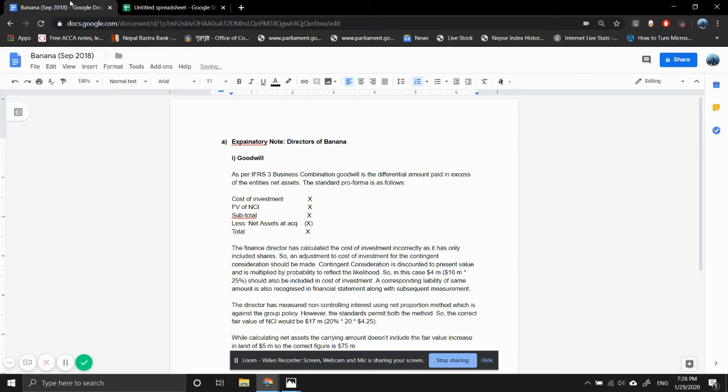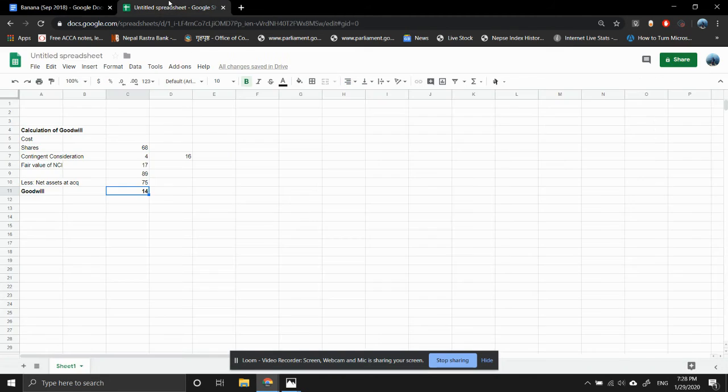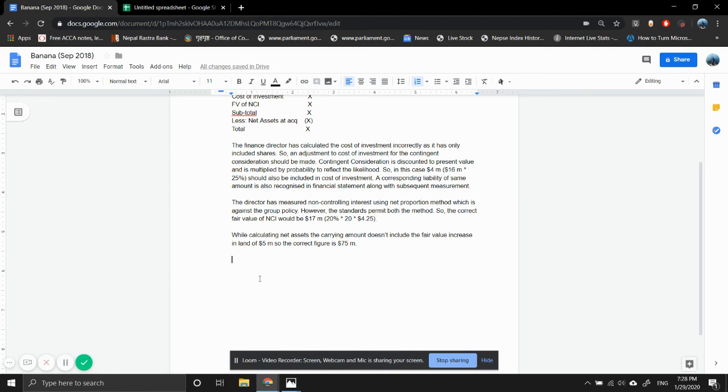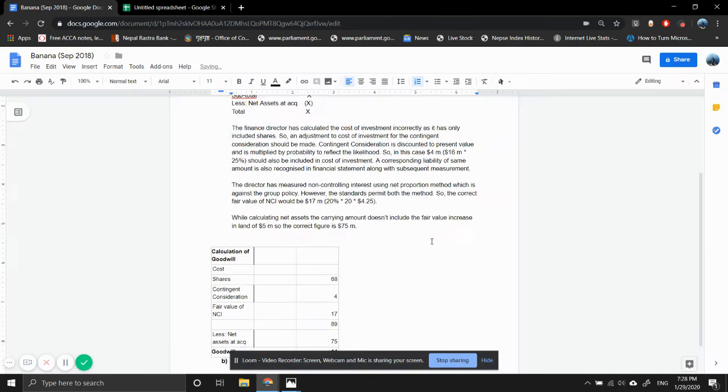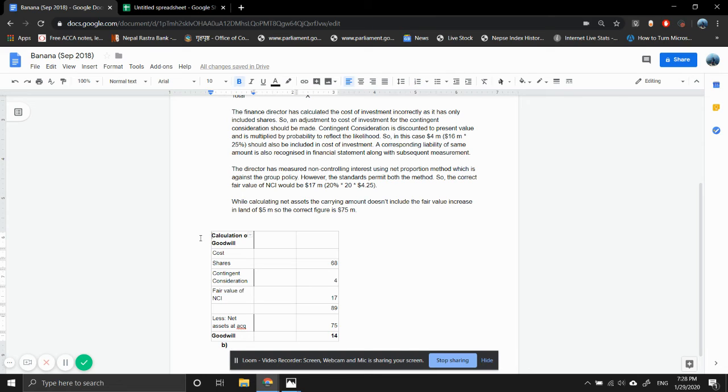Okay, so where did my cursor go? What I'll do is copy this whole thing down. Contingent consideration is done.